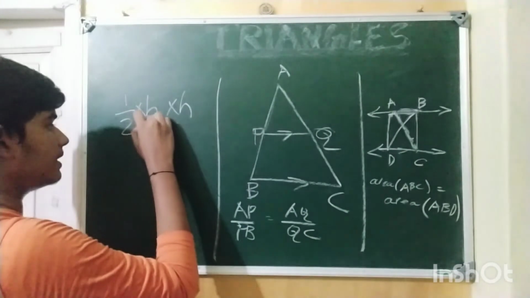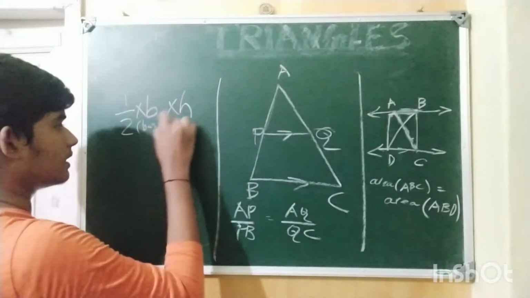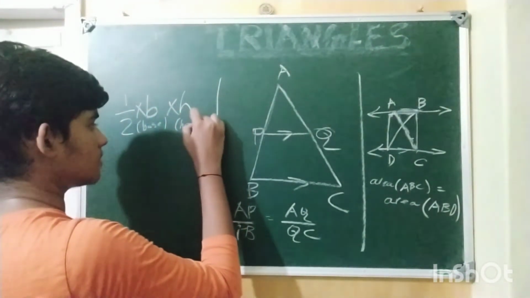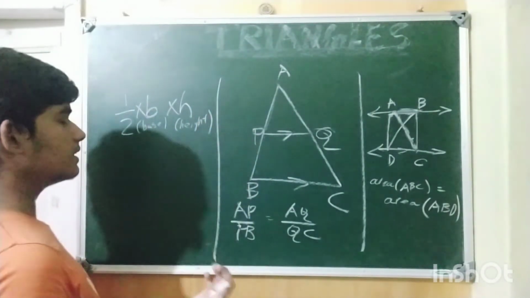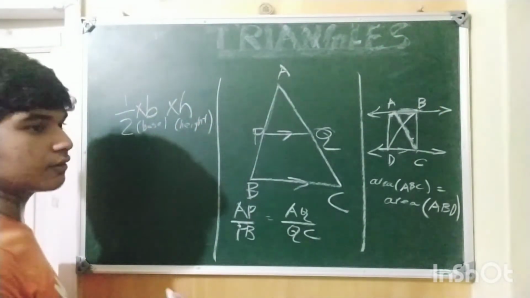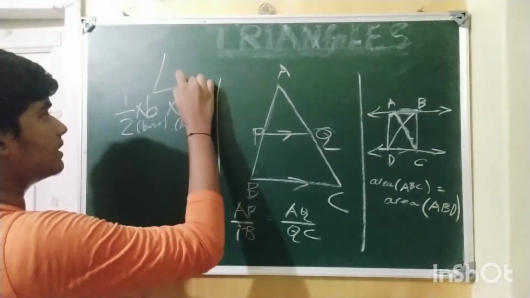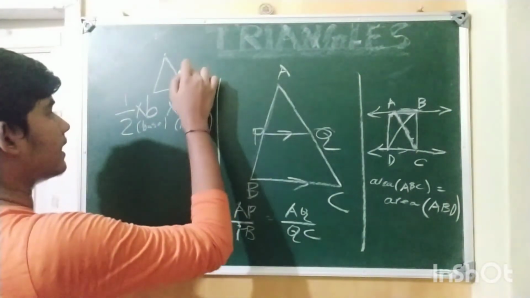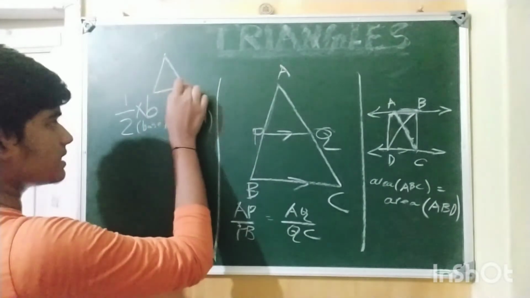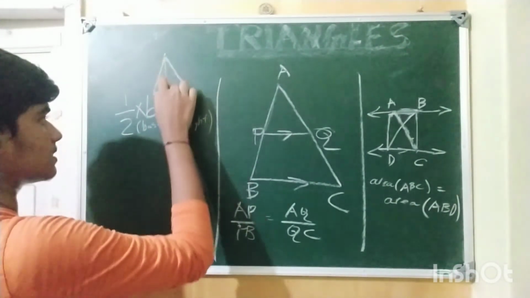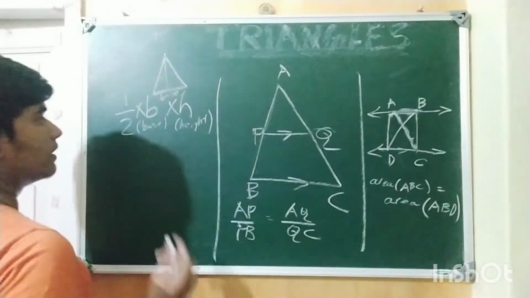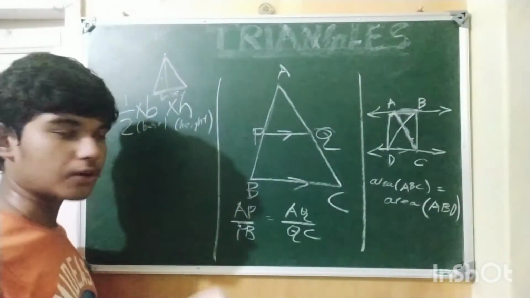So this is the base and this is the height. So if this was a triangle, then half, this is the base and the height is this. So that is the formula for a normal triangle.